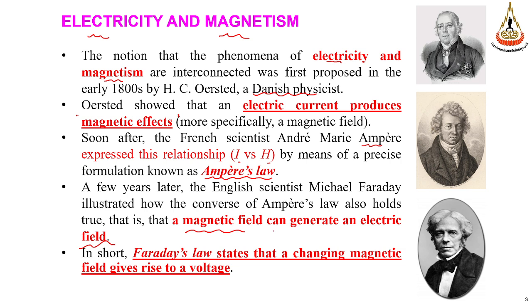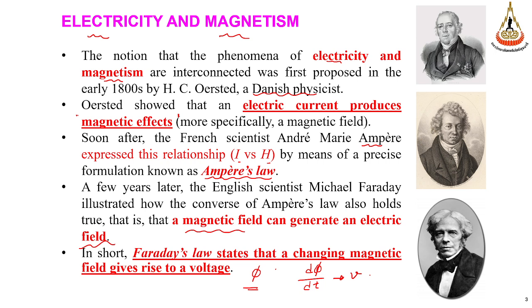Or we can state that a changing magnetic field gives rise to voltage. If the magnetic field is changed during the time, if the magnetic flux is changed, this will produce the voltage.